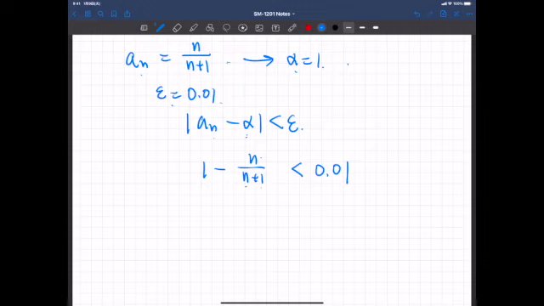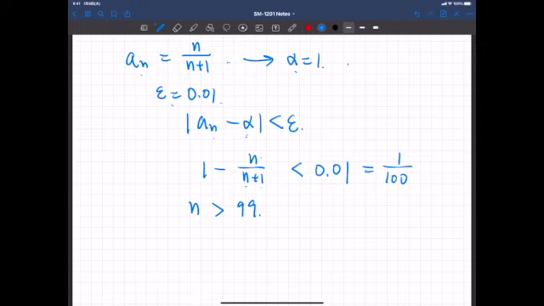And if we solve this inequality, so this 0.01 is 1 over 100, right? We find that n should be greater than 99.